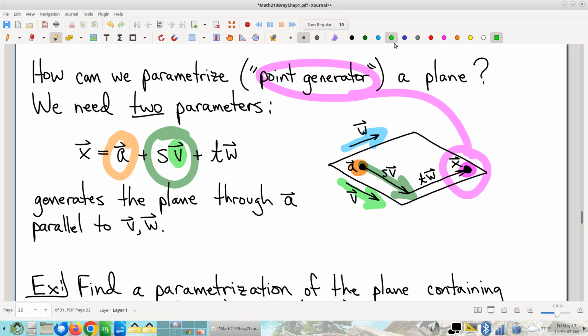And then from there, we're going to move some amount in the w direction. And, of course, that'll be a scalar multiple of w. And I claim this will do it. If you give me a starting point in the plane and two different directions, and I can move as far or as little as I want in both of those directions, yeah, I can get anywhere in the plane. Everybody see the geometric?